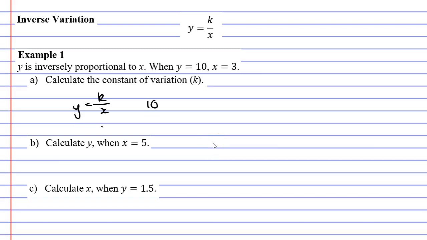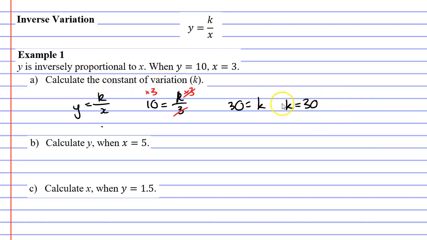When y equals 10, x must equal 3. So we don't know what k is yet, but we can multiply both sides by 3 to cancel the 3, giving us 30 equals k, or saying that k equals 30. K being the constant of variation.